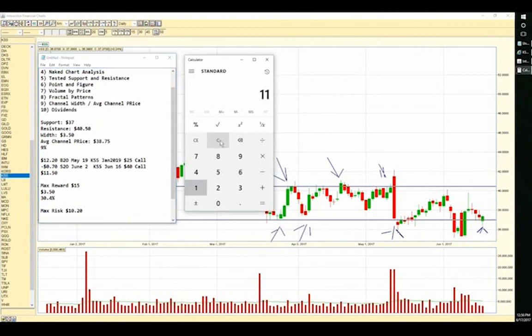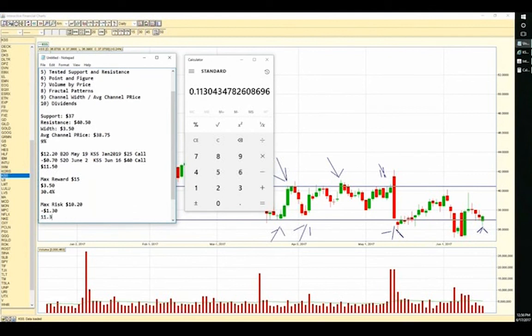My max loss would be $11.50 minus $10.20, $1.30. And then if I do that as a ratio to cost basis, I have a 11.3% risk.